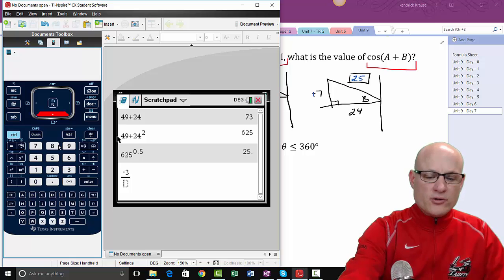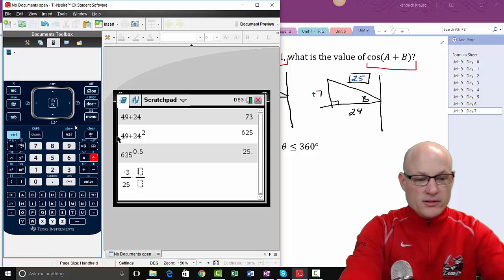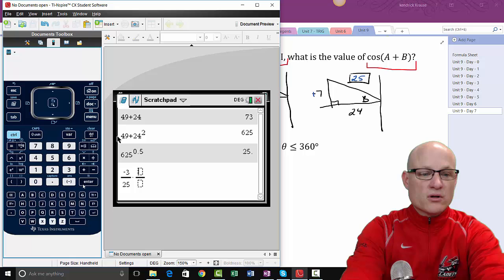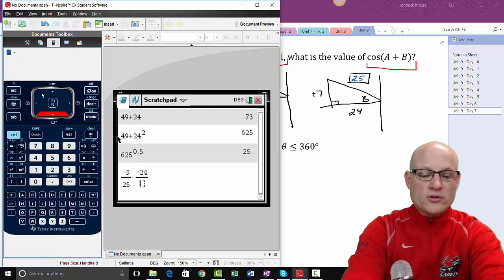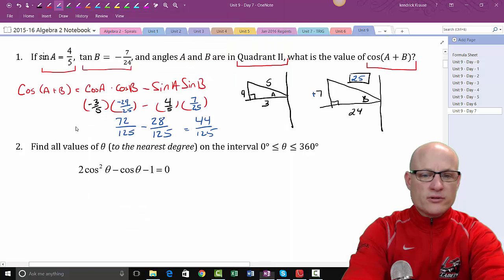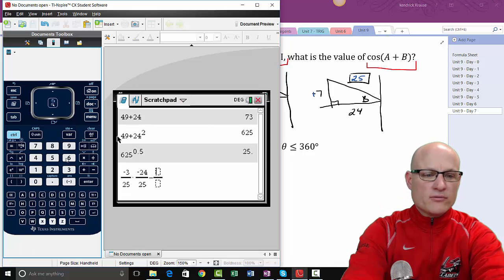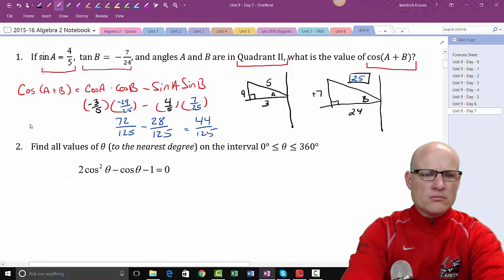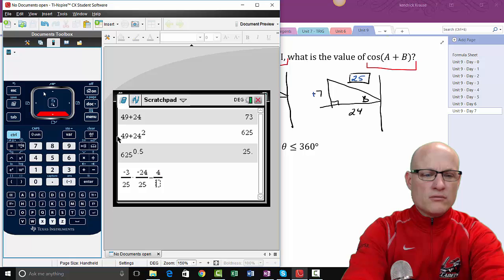Negative 3 over 25 times negative 24 over 25 minus 4 over 5 times 7 over 25.